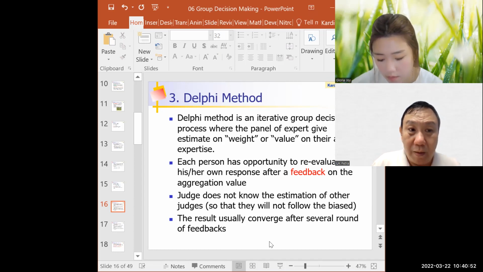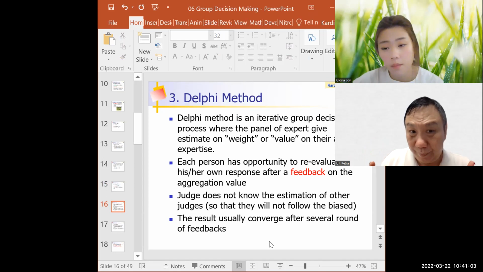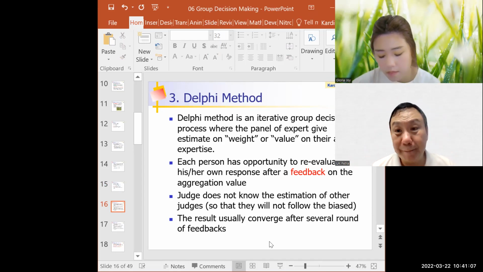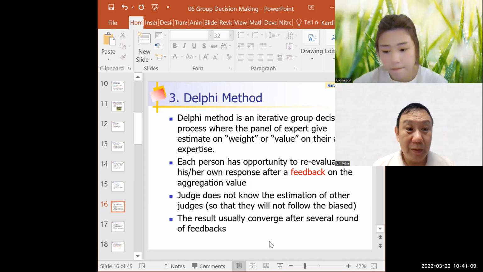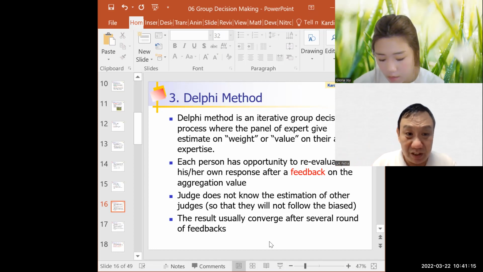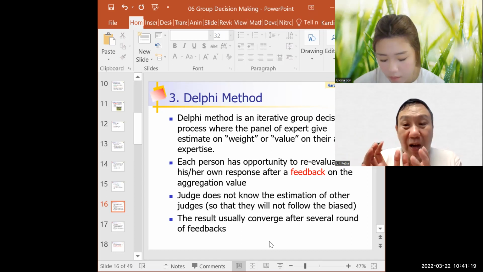Delphi is the name of a city, where a panel of experts will give estimates on the weight or the value in their area of expertise. Each person has the opportunity to reevaluate his or her own decision after feedback on the aggregation value.